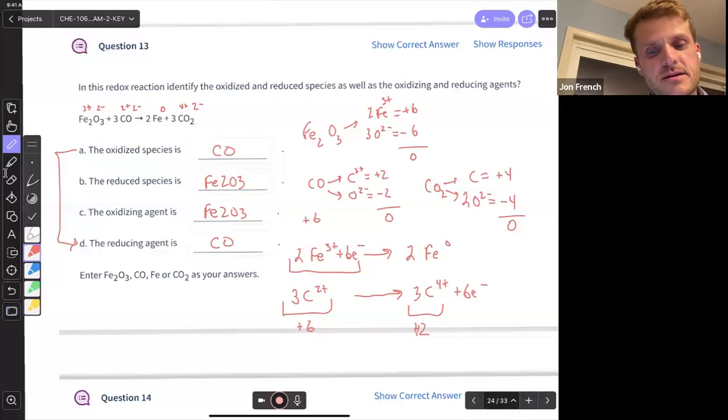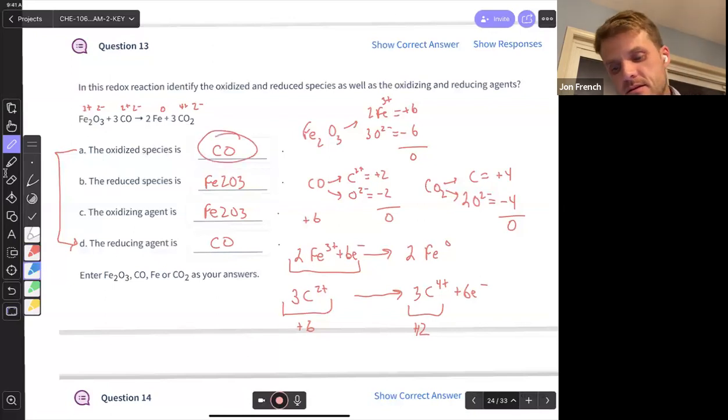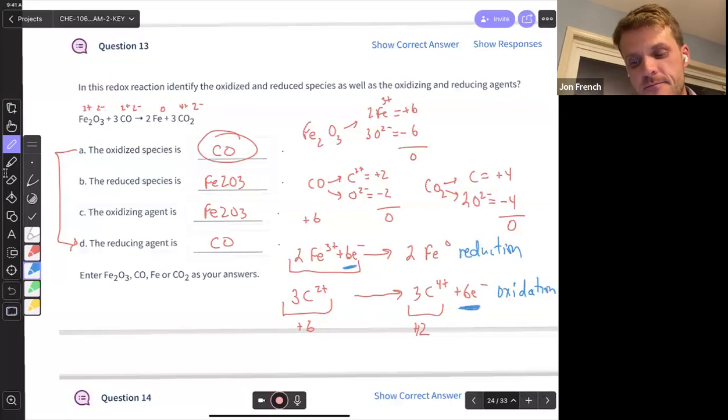What got oxidized is the carbon in carbon monoxide. This is reduction. Reduction is the gain of electrons, and this is oxidation. Oxidation is the loss. So carbon lost electrons, iron gained those electrons.